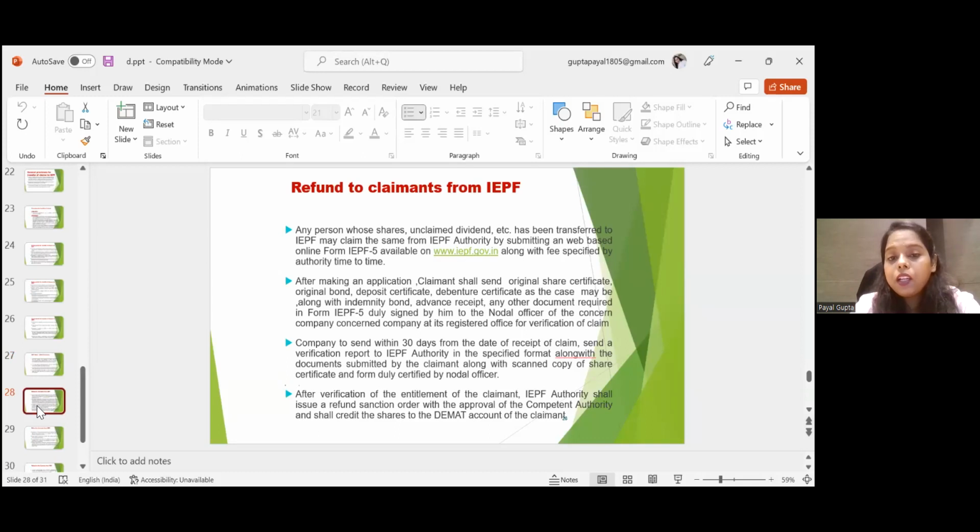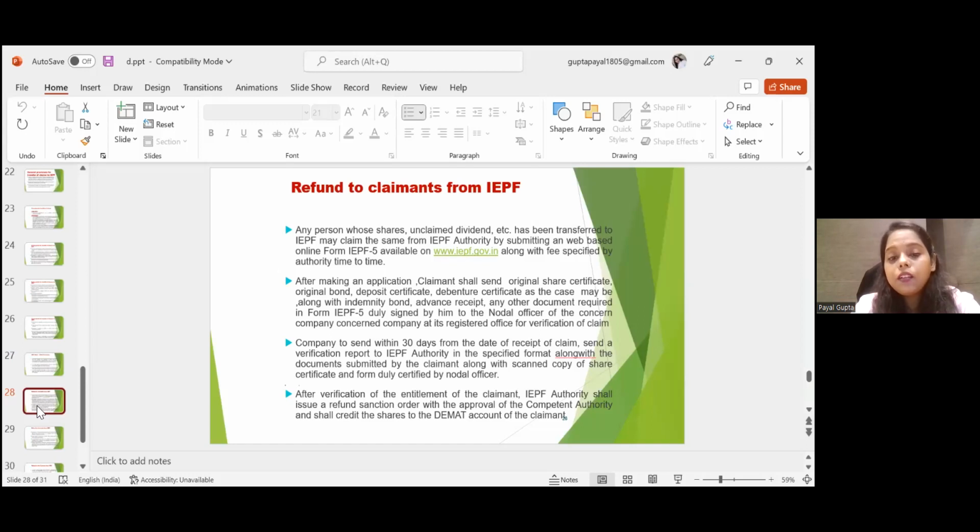After making an application, the claimant shall send the original share certificate, original bond, as the case may be, along with indemnity bond, advance receipt, or any other document required under form IEPF 5, duly signed by him to the nodal officer of the concerned company at his registered office for verification of claim.